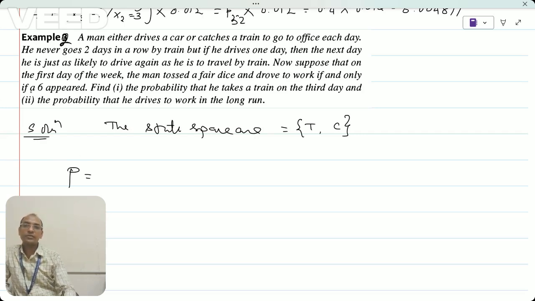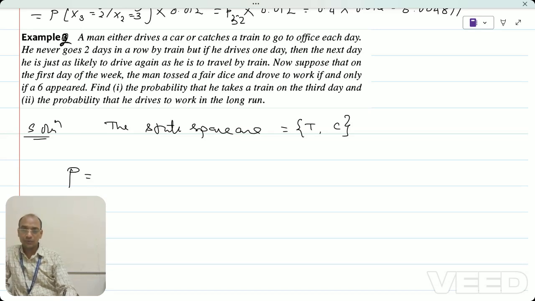TPM is, let us go to the question here. What is the question? You see that if he travels by car on the first day, he will likely travel by car, but he consecutively cannot travel 2 days by train.